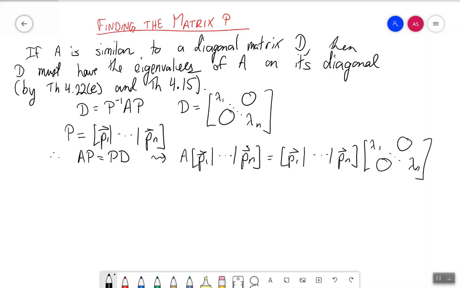And then using what we know about multiplication of partitioned matrices, this is [AP1 ... APn] equal to [lambda 1 P1 ... lambda n Pn].